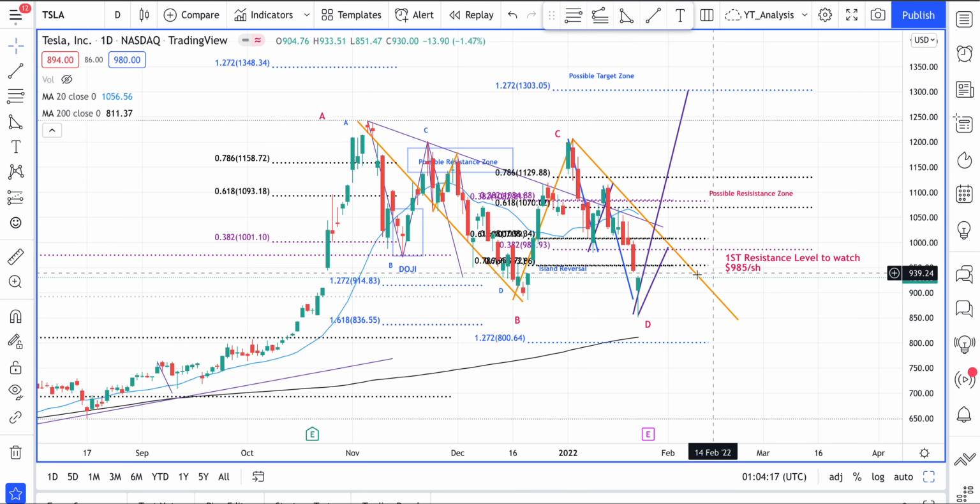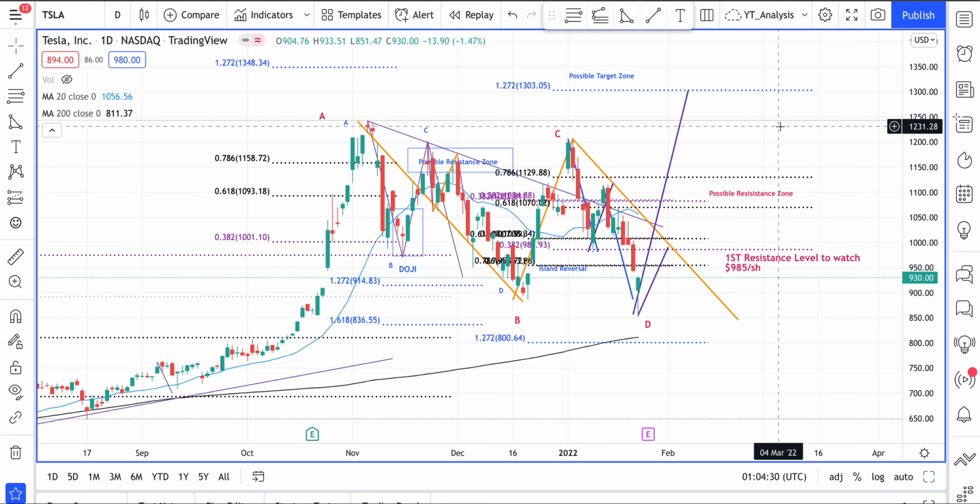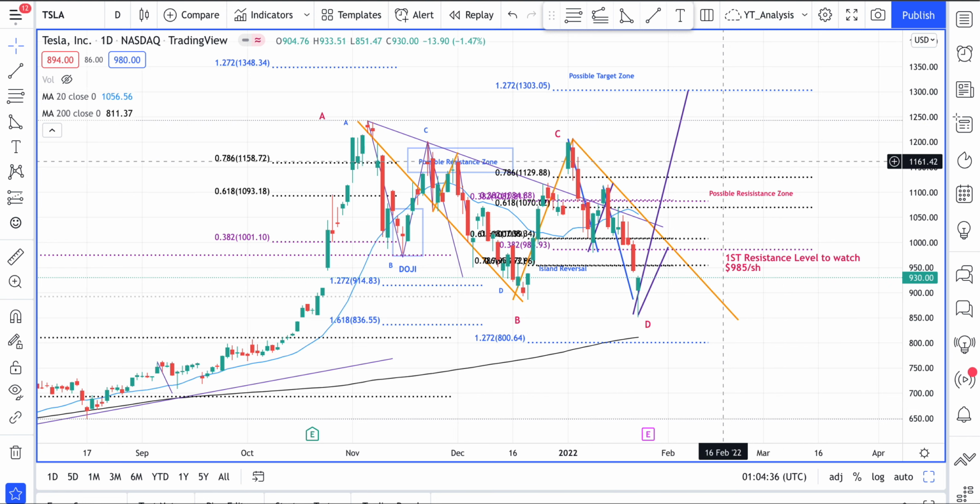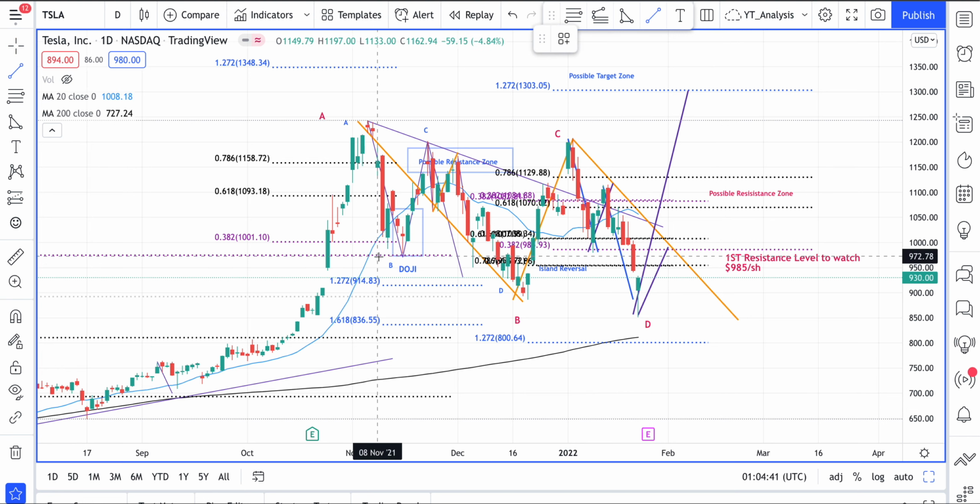So we have to watch the resistance over the next few days, and then the possible higher resistance coming between the 1060 and 1130 level. That's the zone between the 61.8% retracement and 78.6% retracement levels. Going above this is going to be pretty bullish for the stock.